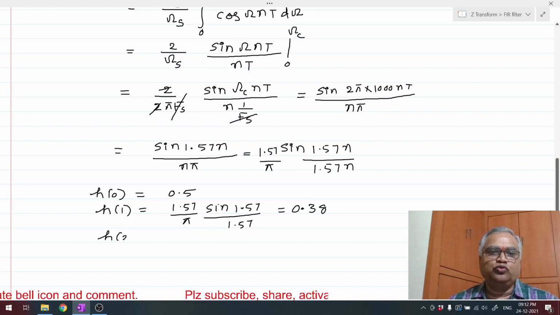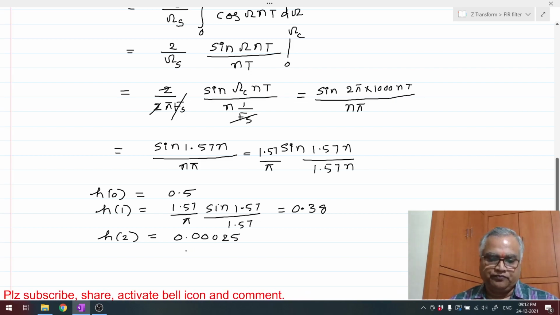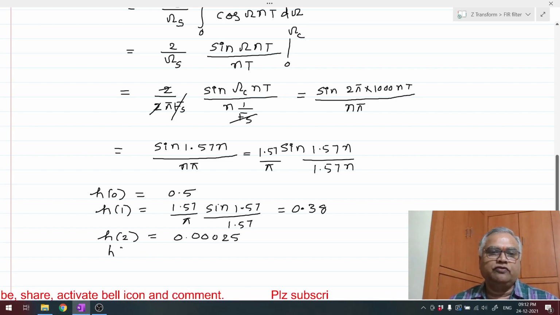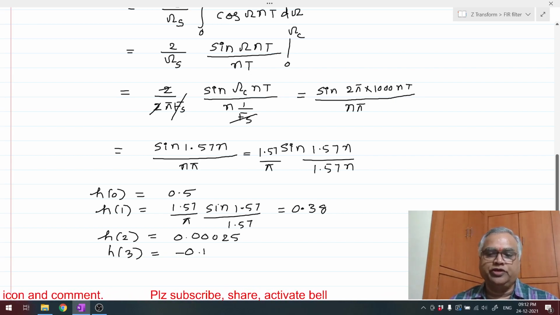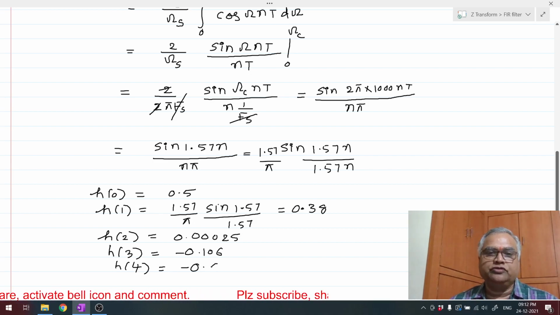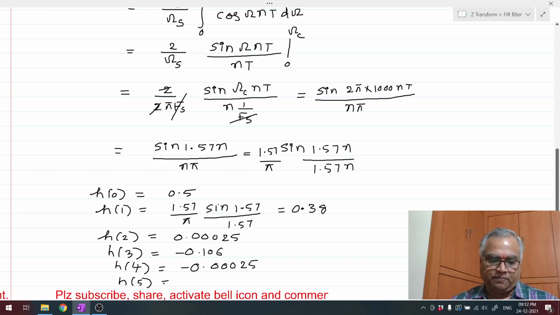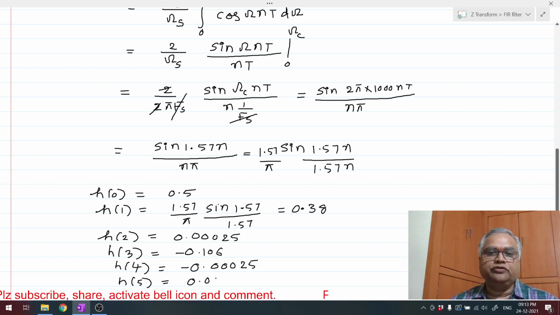Then h of 2, 0.0. h of 3, minus 0.106. h of 4, minus 0.00. h of 5, 0.06.